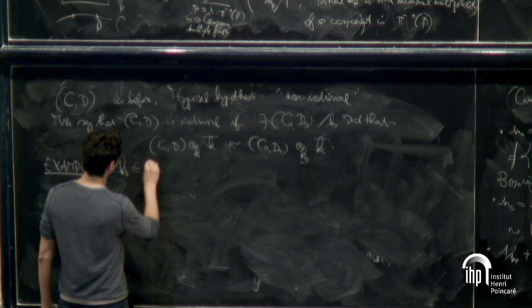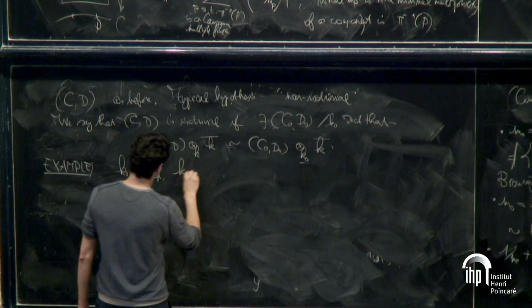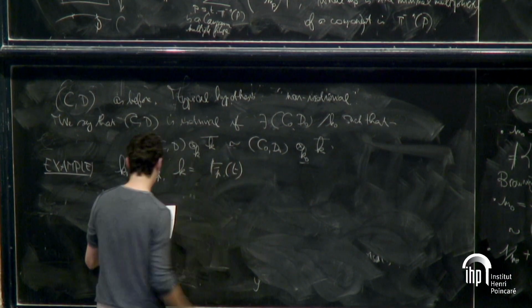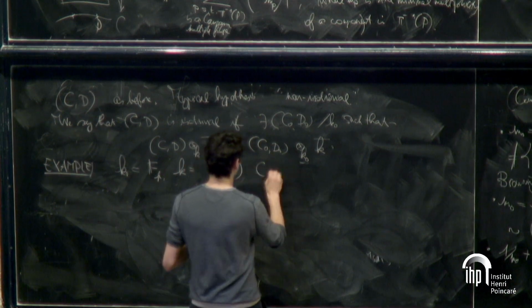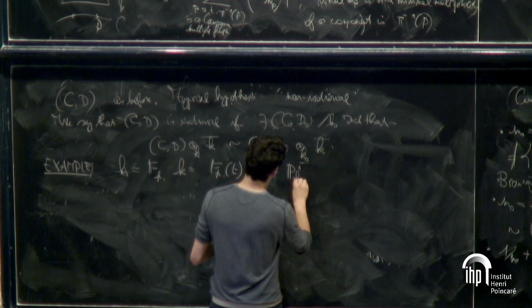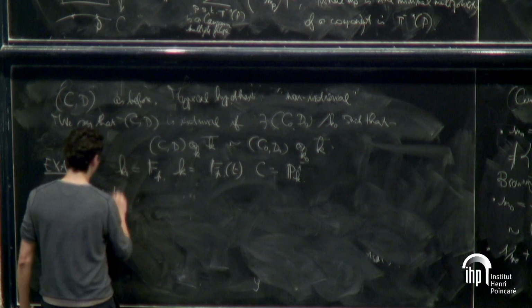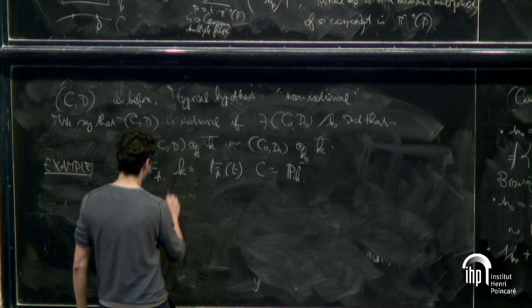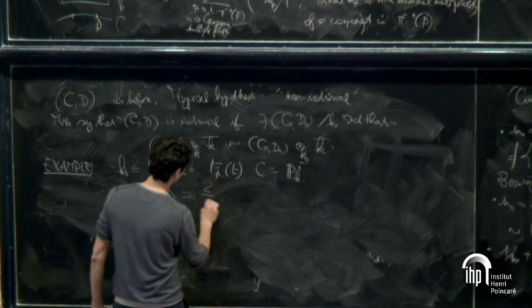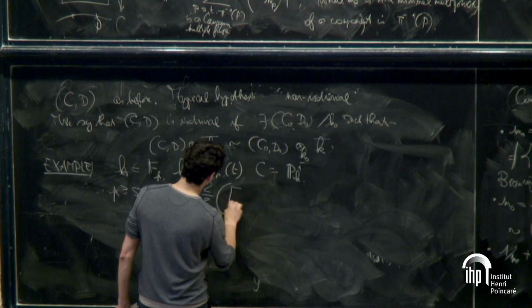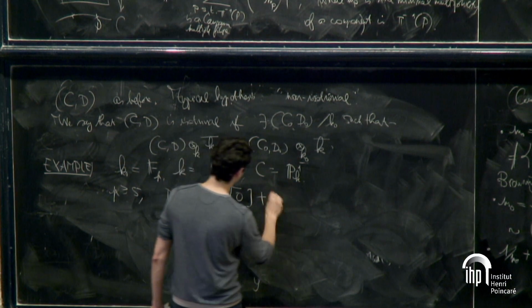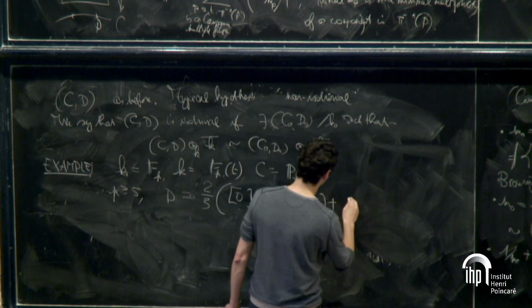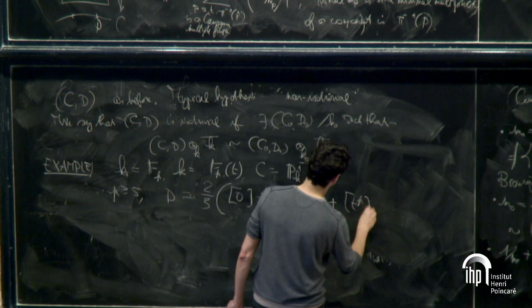Let K be Fp(t). Let C be P1 over K. Assume that p is at least 5, and let D be the divisor 2/3 times (0 plus 1 plus infinity plus t to the p).